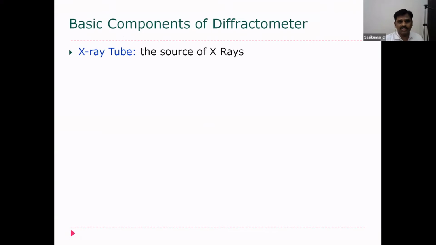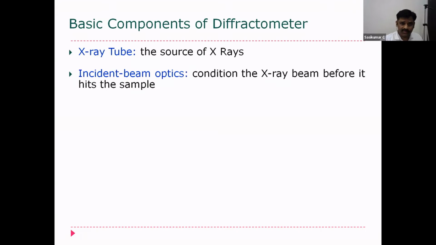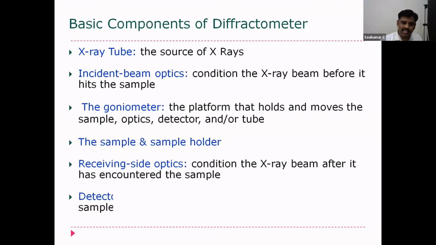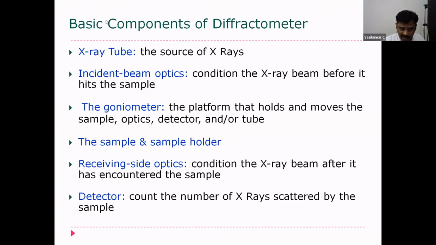The basic components in X-ray diffraction are the X-ray tube and the incident beam optics. In general, you need an X-ray tube, a goniometer and a detector. These three things are very important: a source, a sample and a detector.